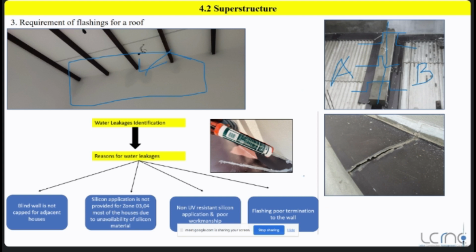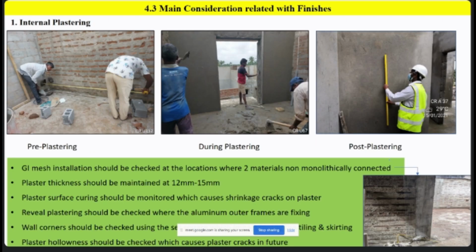The other issue is if you do not properly provide the silicon along with the flashings. If you are not using UV resistant silicon, your silicon will tear off with time, so again water might intrude like this. These are the main things in terms of water leakages.